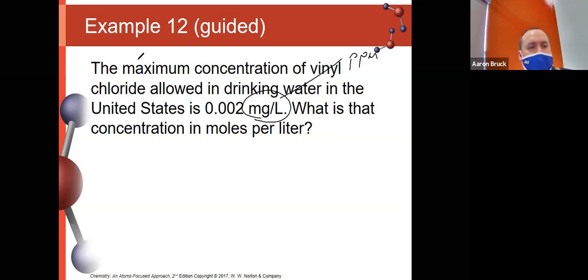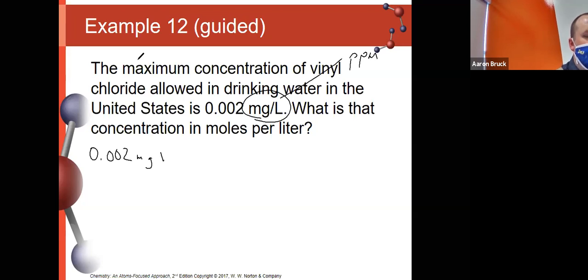Milligrams per liter for an aqueous solution is the same as parts per million. So what we're really getting after here is we have 0.002 milligrams of vinyl chloride in every liter of our solution.